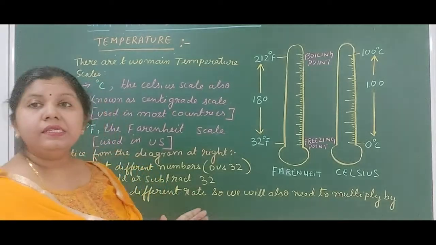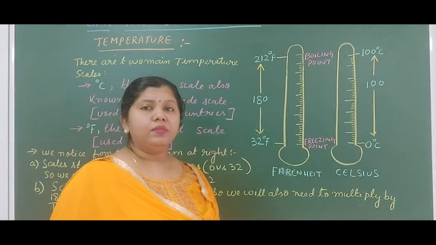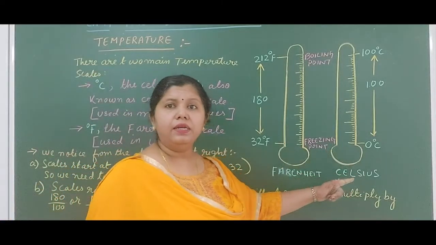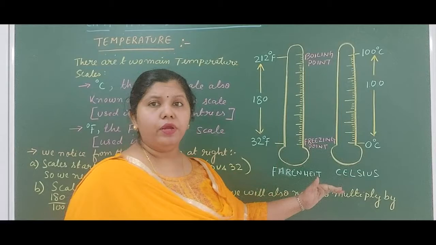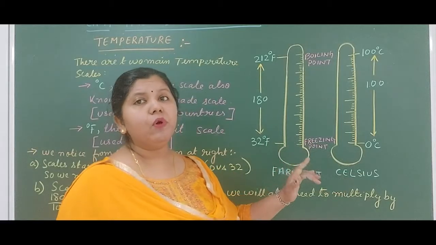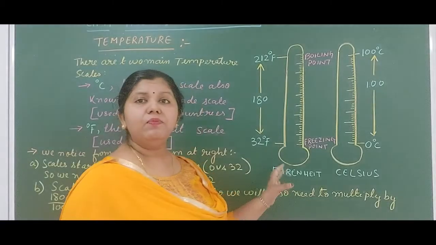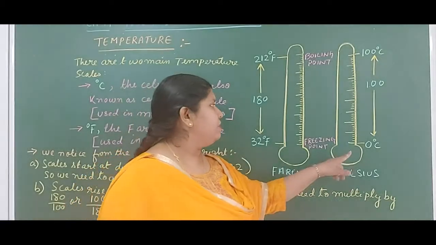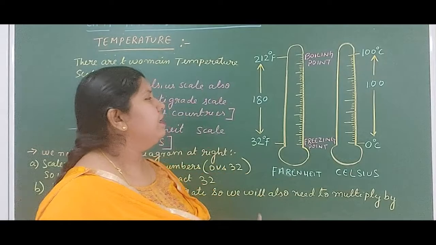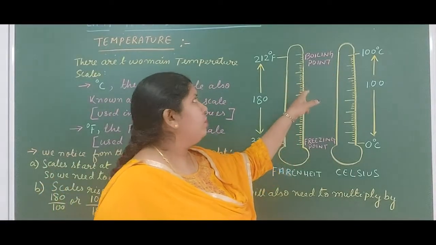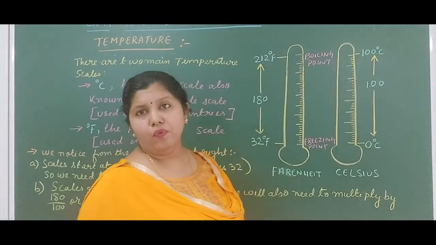In the Celsius scale, you will see the minimum temperature is 0 degree centigrade, that is the freezing point of water, and the maximum goes up to 100 degrees centigrade, that is the boiling point of water.